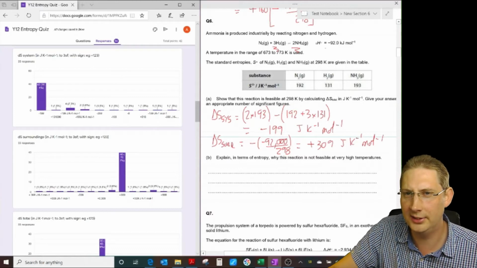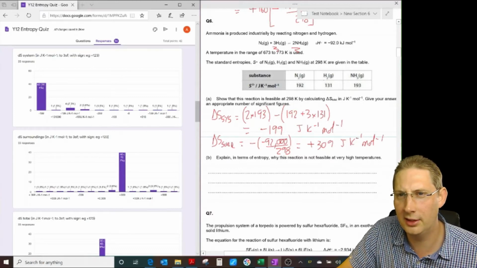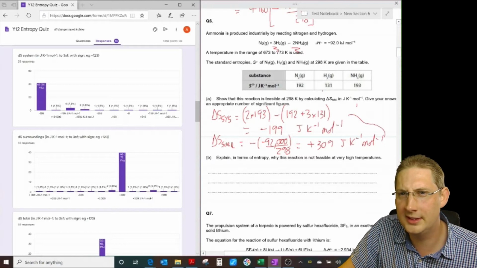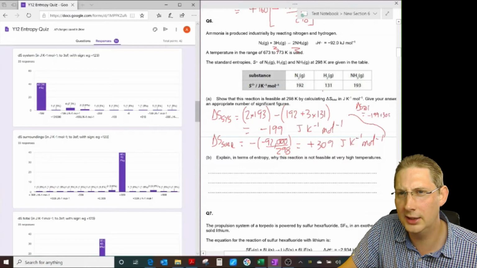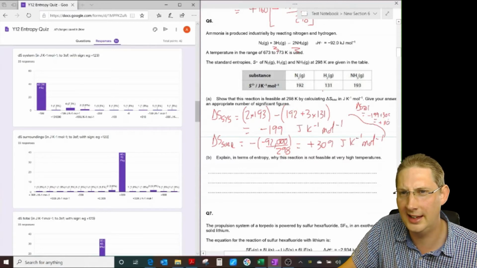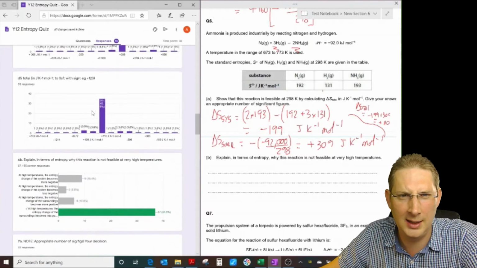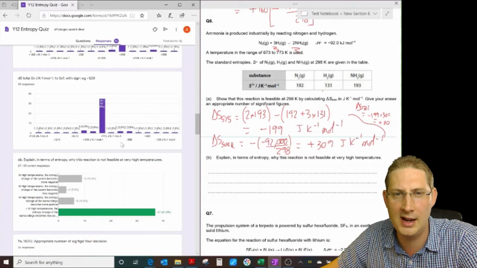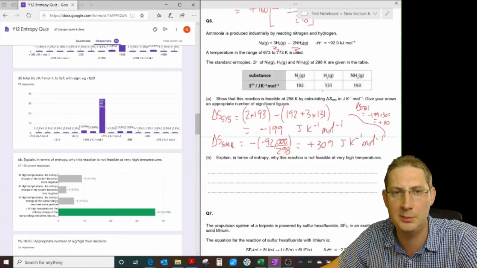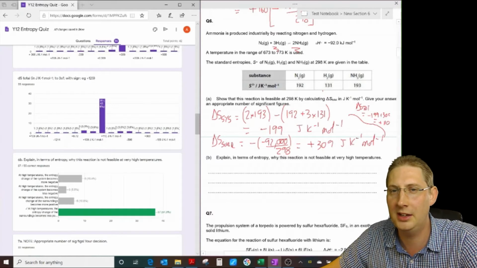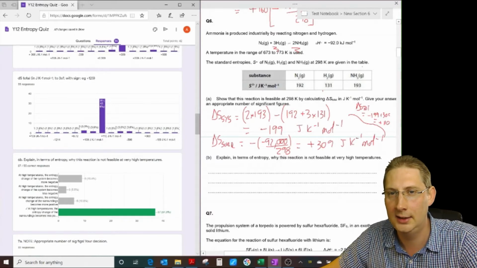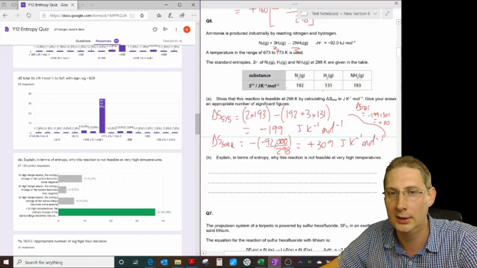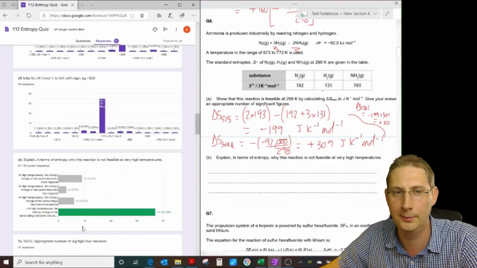When you add those together, minus 199 and 309, delta S total is minus 199 plus 309, which equals plus 110 joules per Kelvin per mole. 63% of you getting that correct, but quite a range of strange answers here. No particularly prevalent one, but something going wrong with some very simple calculations there. You should have done these loads of times by now. So quite why only 63% of you got that answer, I don't know.